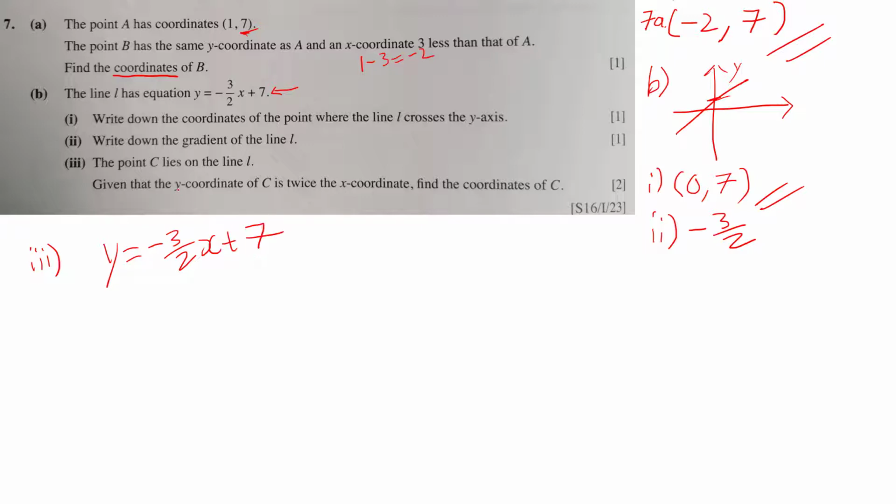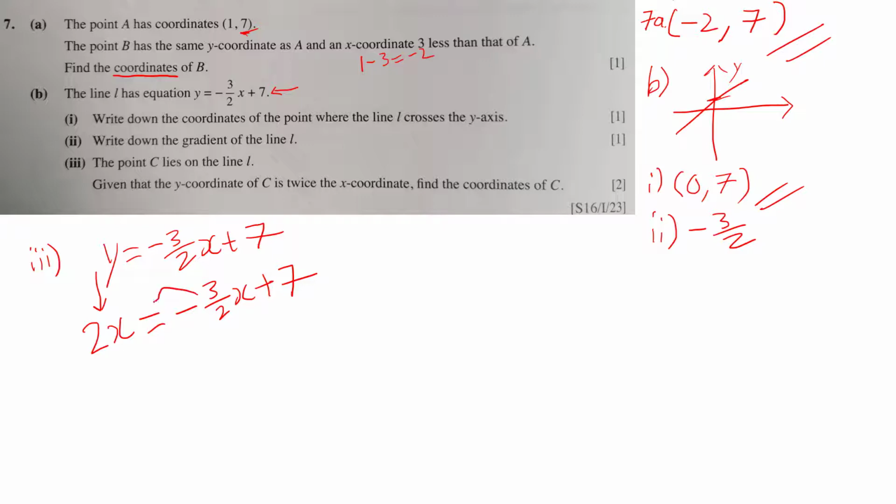So they say that the y coordinate is twice that of x. So all the points on the line follow this function. They said y is twice of x. What is twice of x? 2x is twice of x. So you can easily find the value of x.